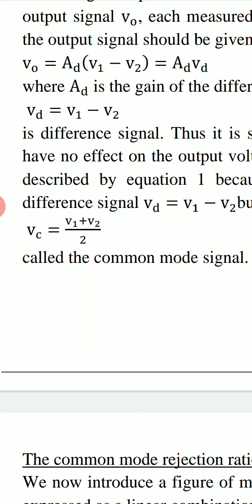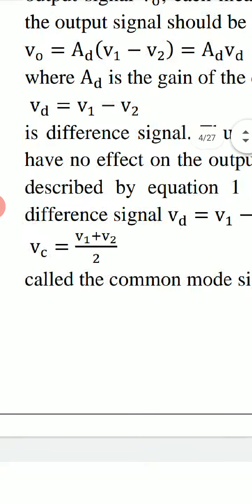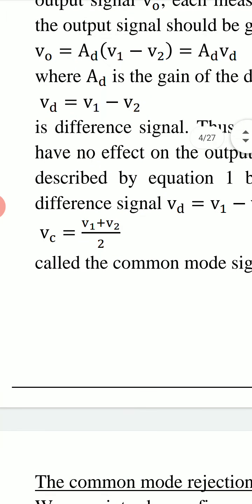So, for an ideal differential amplifier, output voltage V output must be equal to AD VD. It must be proportional to VD, that is the difference of two input signals V1 and V2. VD is equal to V1 minus V2.